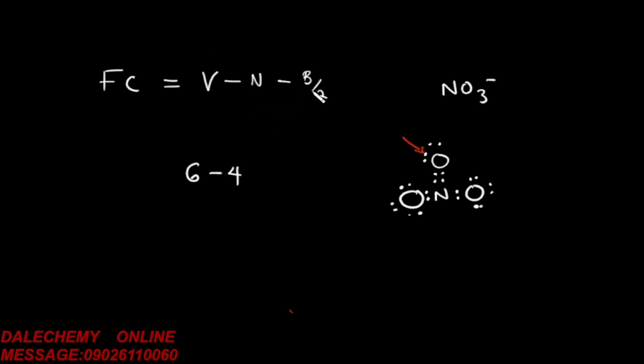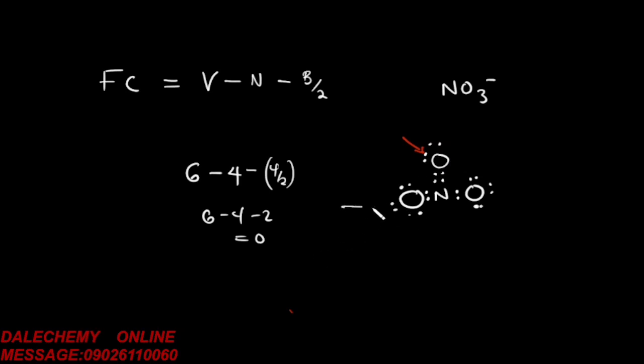And the bonding electrons or the shared electrons, half of it. So it is bonded to nitrogen with 4 electrons, and half of 4 is 4/2. So the formal charge now will be 6 minus 4 minus 2. That's going to be 0. So it doesn't have any formal charge.